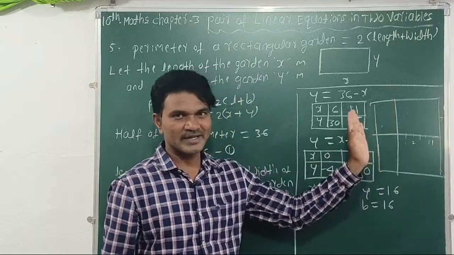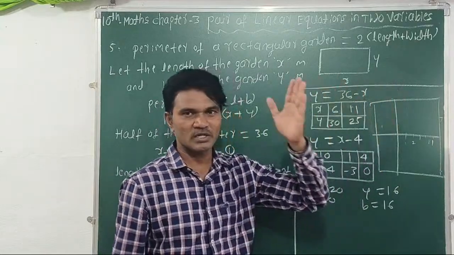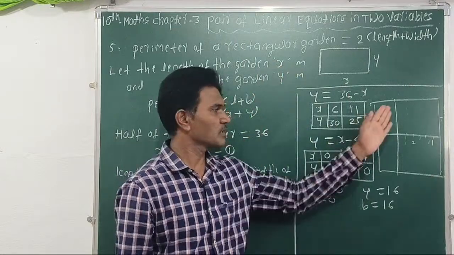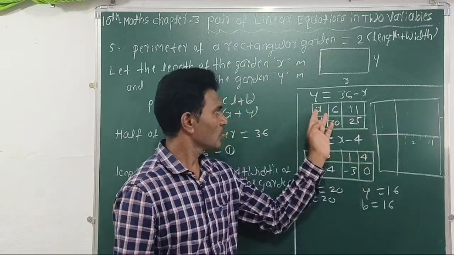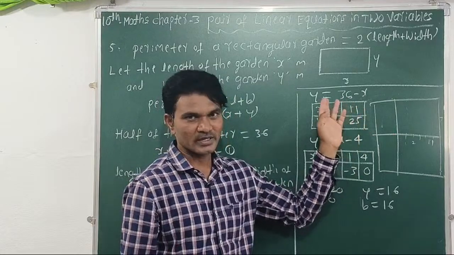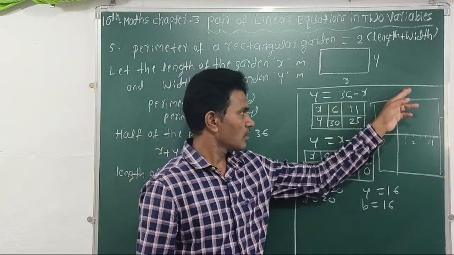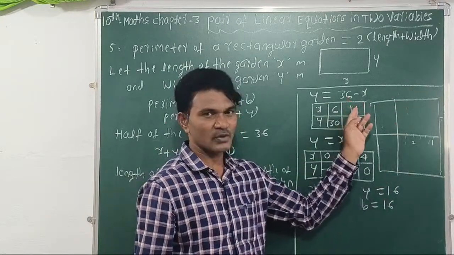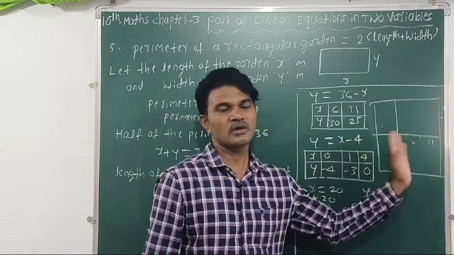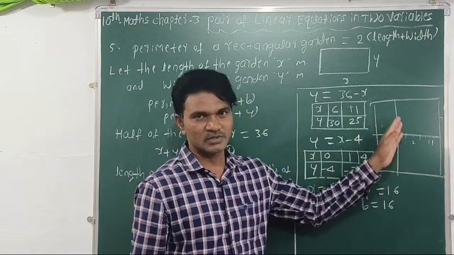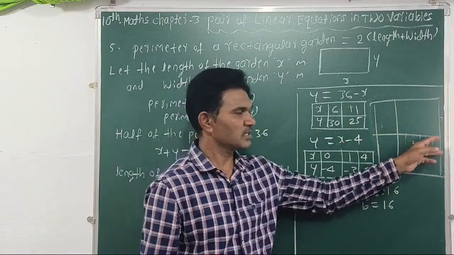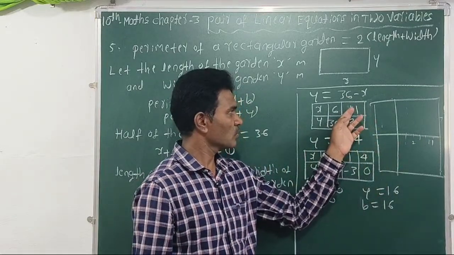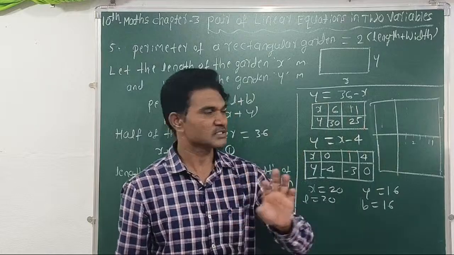A hint: usually we can draw y axis in the middle of the graph, but here we have taken x value as 11. If you draw y axis in the middle of the graph, we cannot get 11 to the RHS of the y axis, because here there are only 4 to 5 points, but here we have to mark 11 points.